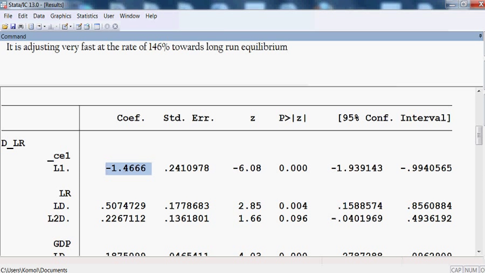That means this error correction model is adjusting very fast at the rate of 146% towards long run equilibrium, but make sure the coefficient sign must be negative and it must be significant. Only then can it adjust towards long run equilibrium, right? So the sign should be negative and it should be significant.